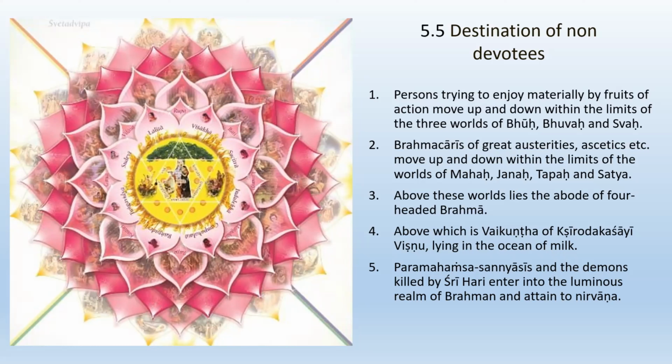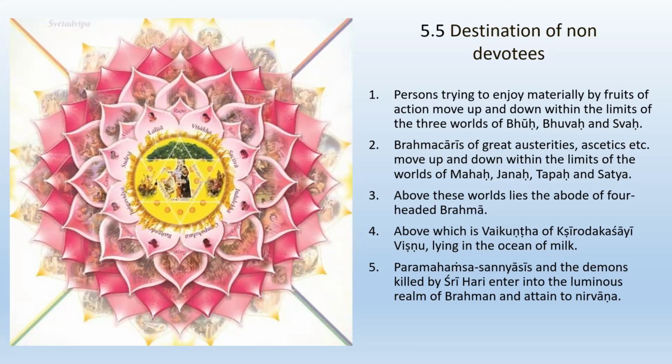And the people who go to the lower planetary systems are the people who have to suffer for their sinful things, or do they still move between these three planets only? Who are the ones who go to the lower planetary systems? So they come back to the earthly planet when their sinful activities are over, by the cycle of evolution.